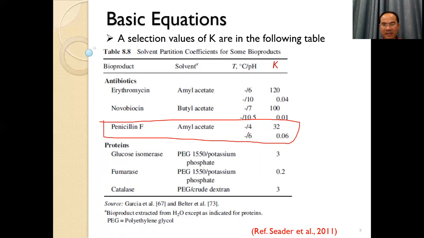At pH 6, we get a very low K value, 0.06. And at pH 4, we can see that the K value is very high, like 32, so we can easily separate at low pH. This is an example for the organic solvent system.